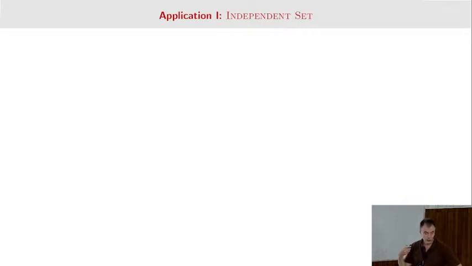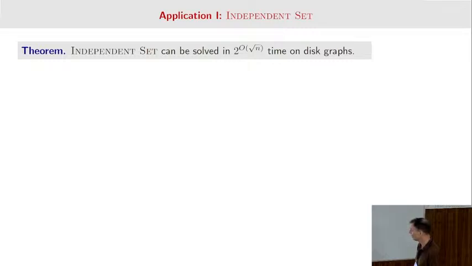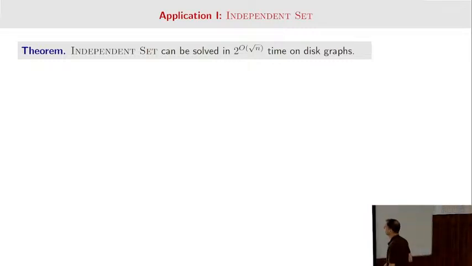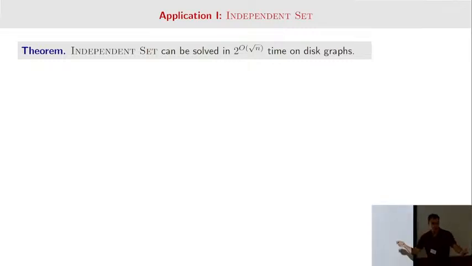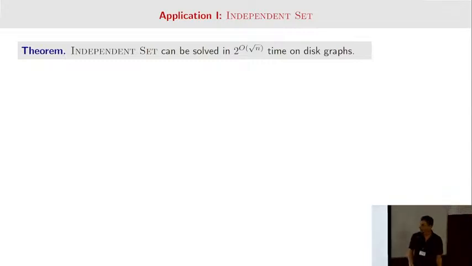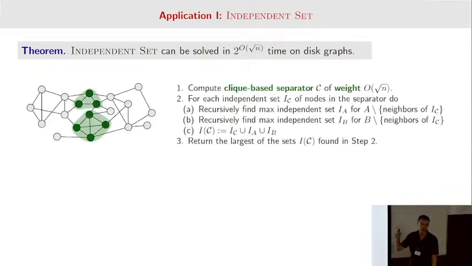You'll also see for the first one, this independent set problem, that the weight is important. So for independent set, you just do exactly the same algorithm. I don't change anything except that I take this clique-based separator.